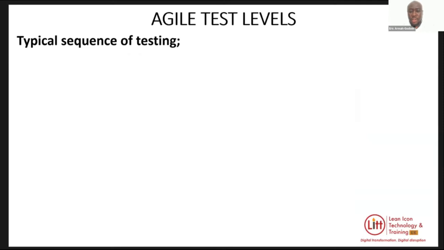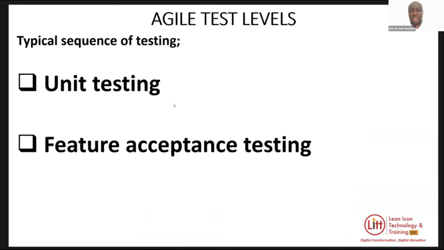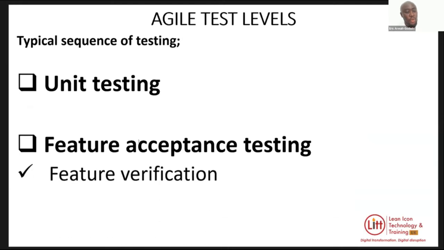During an iteration, a user story will typically progress sequentially through activities like unit testing. Initially, developers will write their unit tests, and then there will be feature acceptance testing, which is broken into two parts.